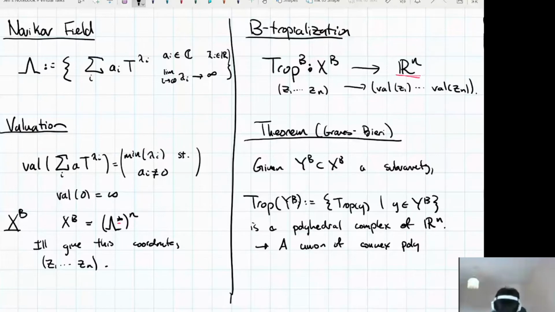Okay, and maybe I can even say a union of convex rational polytopes.